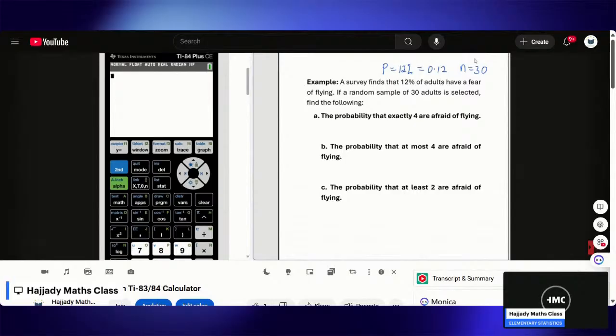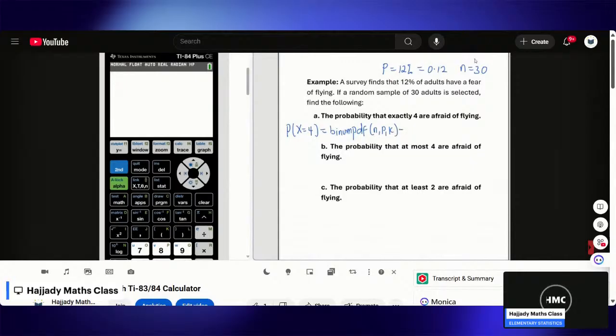To do this using the TI-84 calculator, we use the command binompdf, where binom stands for binomial and PDF for the probability density function. Then you have the n, the p, and the k.